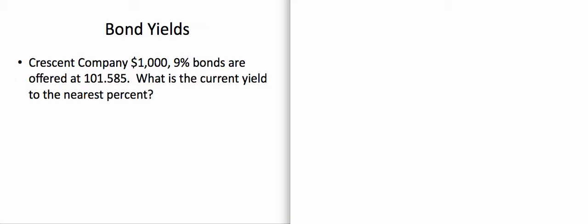So the first thing we're going to do is find the annual income. That means we're going to take 1,000 and multiply it by 9%, so 0.09, and that gives us an answer of $90. So that's the annual income.